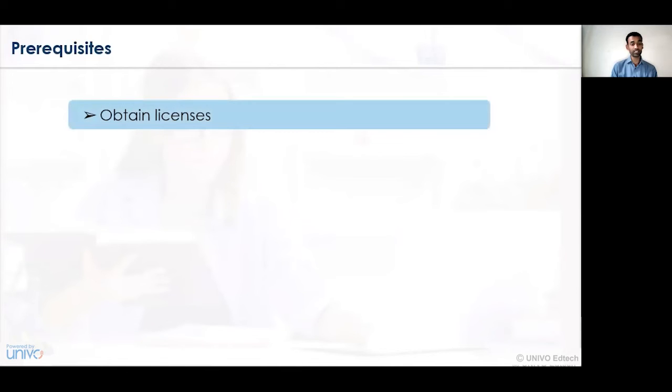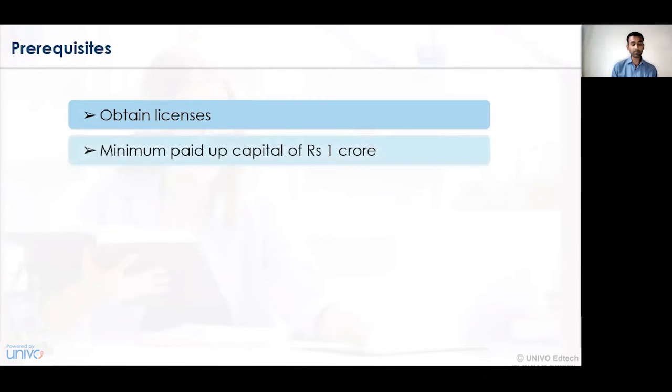Now, what are the various prerequisites for a third party administrator? The first prerequisite is that you need to obtain a license. This license can be received from IRDAI, by getting yourself registered under the Amendment Act of 2001. Simultaneously, you can obtain a license by registering under an insurance company or under the Companies Act 1956.